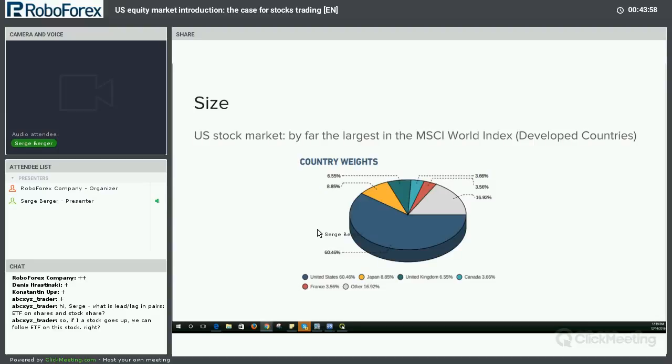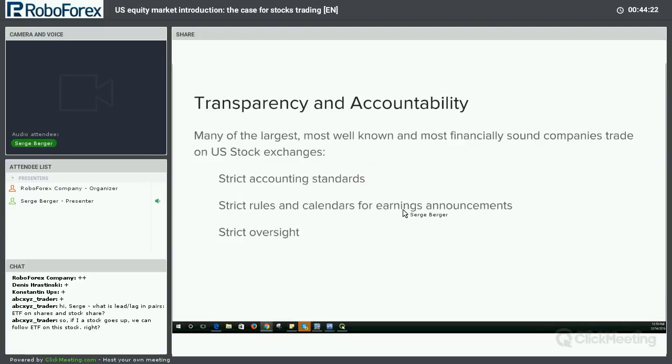The size, U.S. stock market is very, very big. It's more than 60% right now of the entire MSCI World Index of developed countries. So that's a very, very large market. Again, compare that to just, for example, the United Kingdom market. The UK market only makes up about 7% of this entire pie. So the US stock market is very, very large.